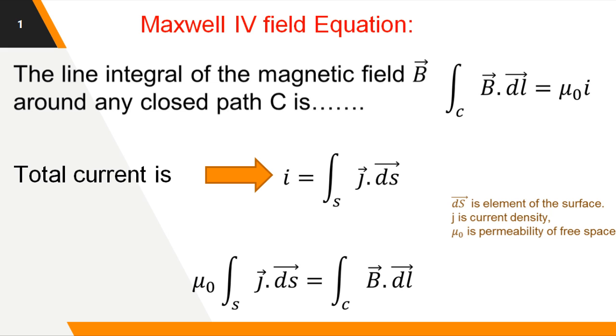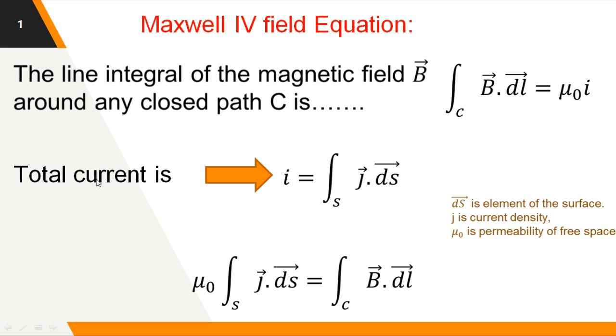In this mathematical expression, mu naught stands for the permeability of free space, I stands for the strength of the current, dl stands for the length of an element, and B is the magnetic field strength. So this is according to Ampere's law.